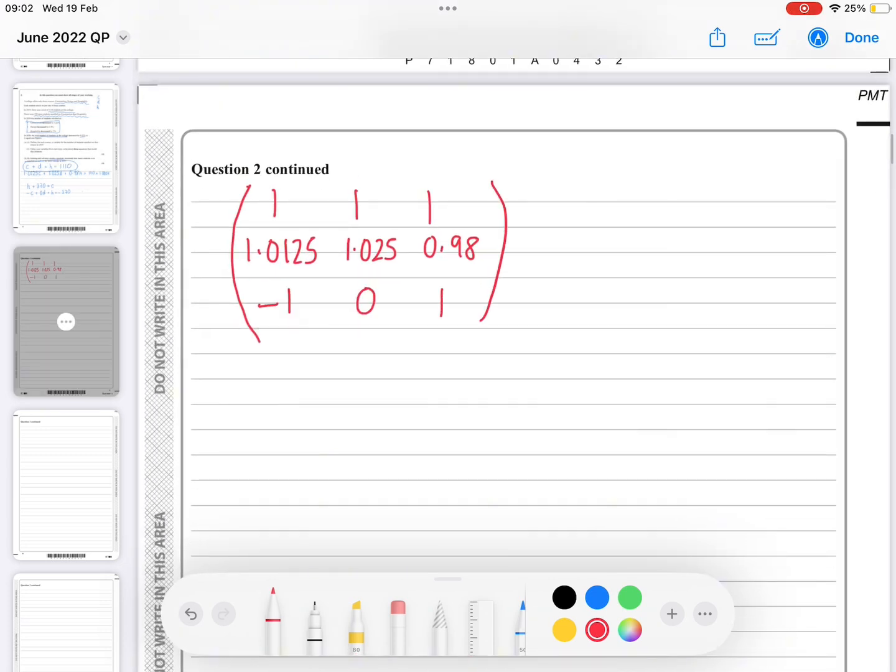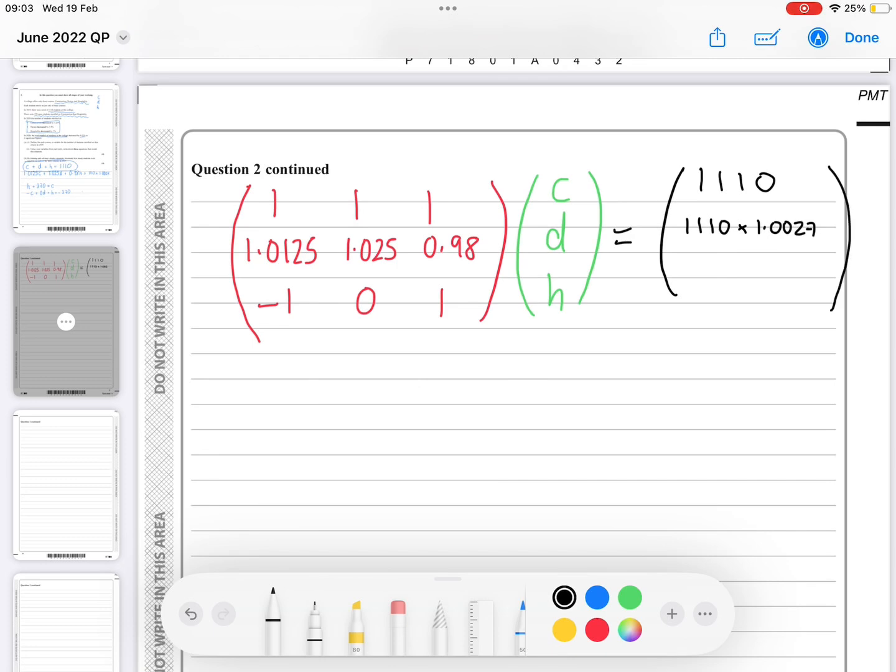We multiply that by our variables. And we know that that's going to give us, the total was 1110. The total of this was 1110 times 1.0027. And the total for this was minus 370.